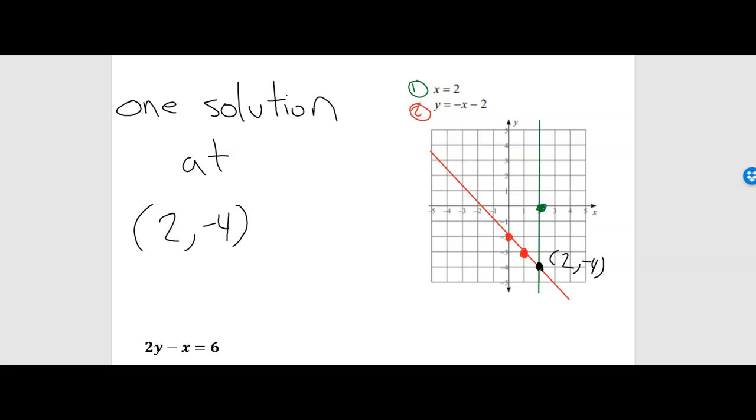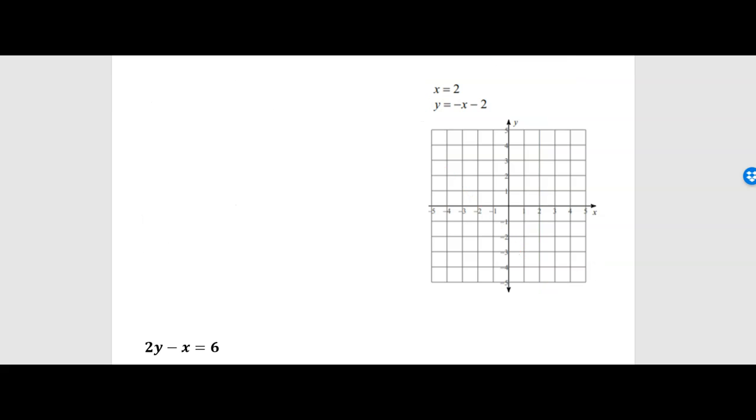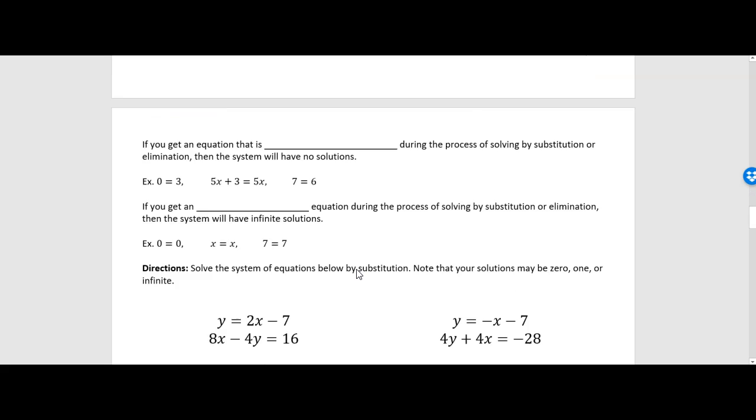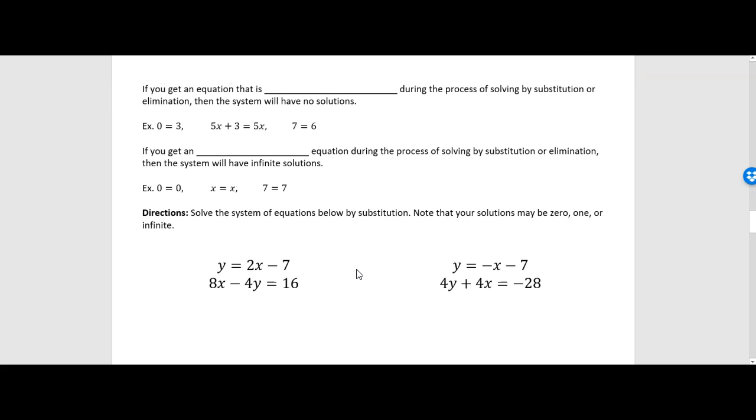All right, let's do a little bit of practice with substitution and elimination. We kind of know what graphs look like when we have one solution, infinite solutions, or no solutions, but now let's look at the algebraic forms. And this will be kind of what we talked about at the very beginning with single equations.